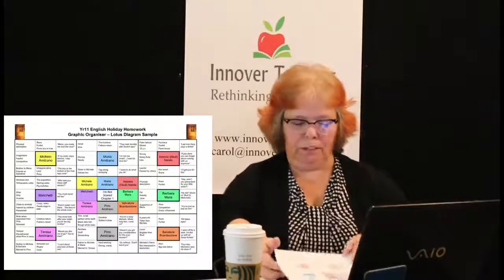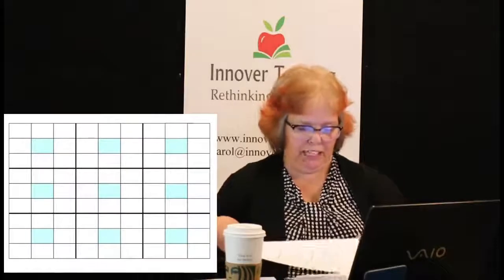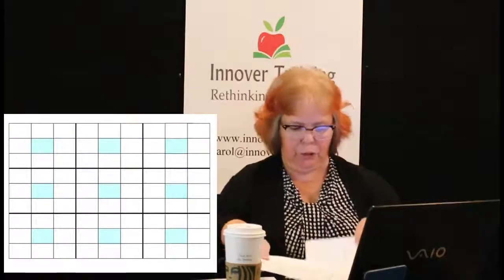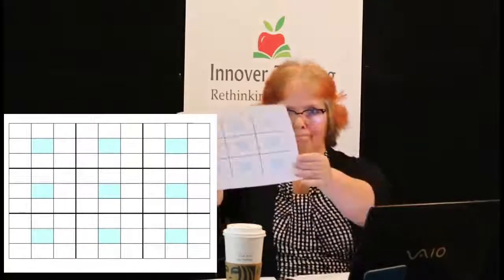So I'll explain that. Okay, so what I'm going to include in my notes is a blank or a template. So a Lotus diagram template that you can use for yourself.